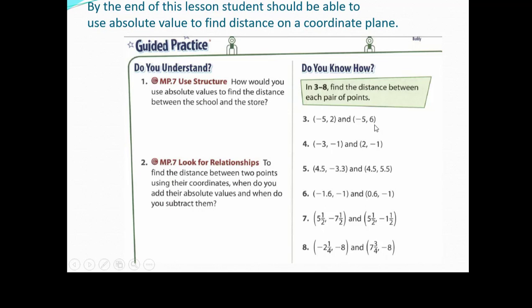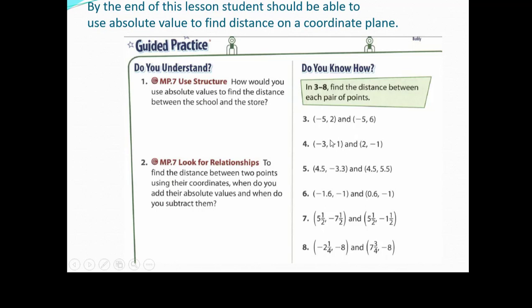In this case they have the same sign, so we subtract. But if they have different signs, we add. Look at this example, number 4. The y coordinates are the same, so I look at the x coordinates. If they have different signs, then I add.